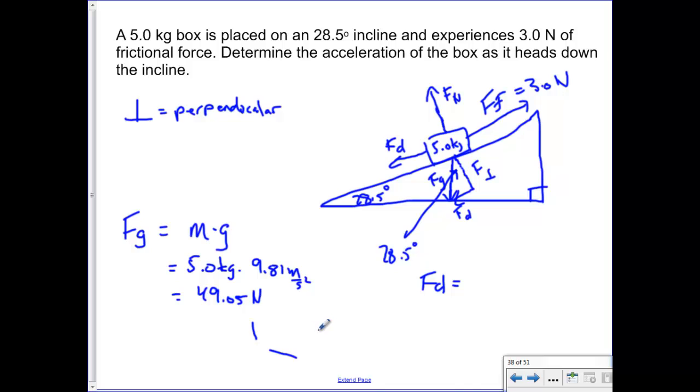So I do have to find how much force gravity is pulling directly down, which would be the hypotenuse right here. I want the downward force, the FGX, whatever works best for you. So that's going to be 49.05 times sine, because it's the opposite, of 28.5.